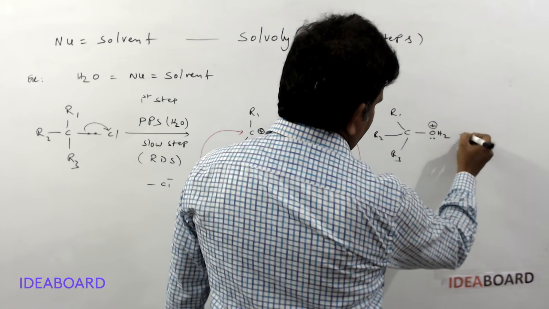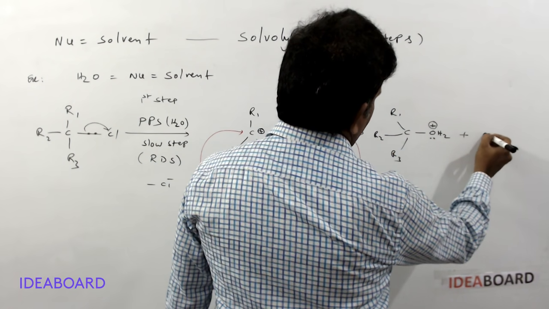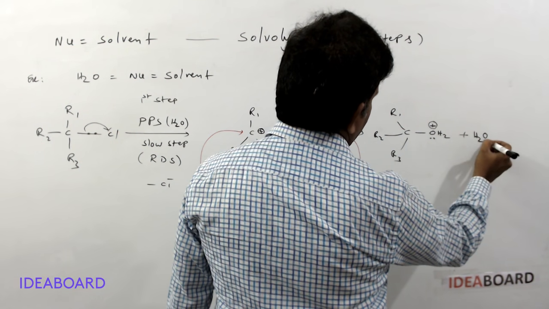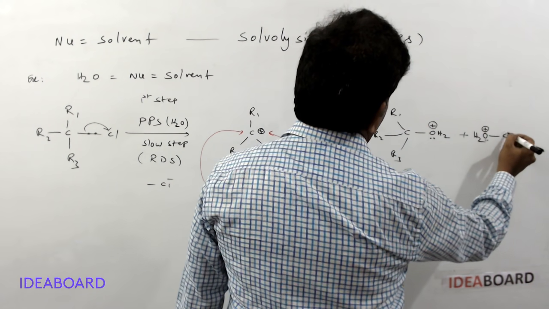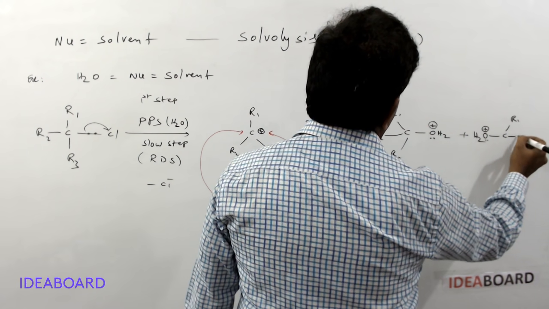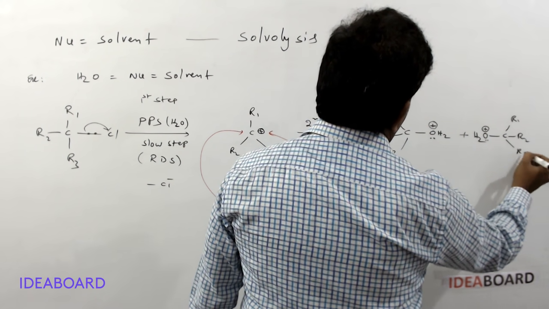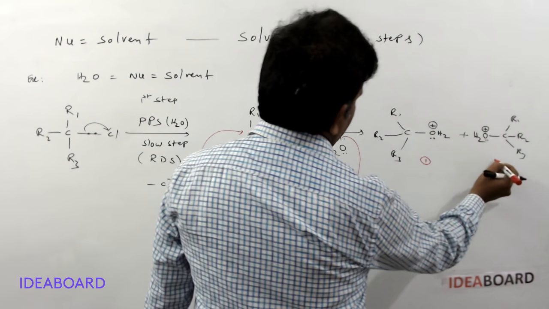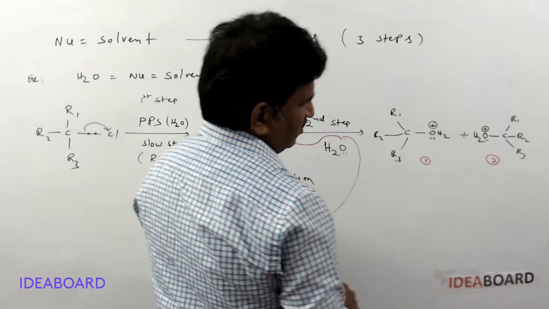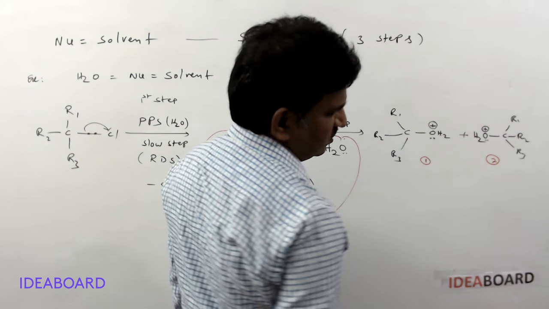The other compound formed is also OH2 with a lone pair and positive charge, with carbon, R1, R2 and R3. These are the 2 compounds. This is the front side attack product, and this is the back side attack product. This is the retention product and this is the inversion product.